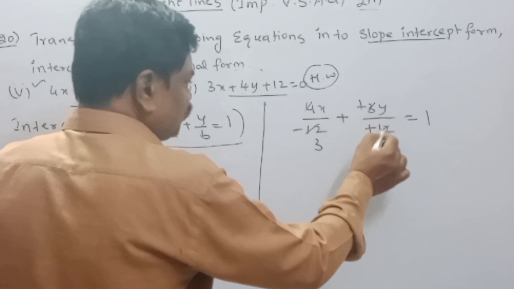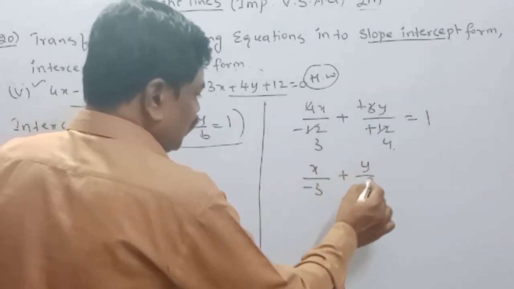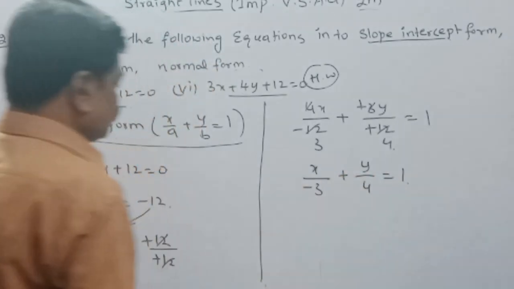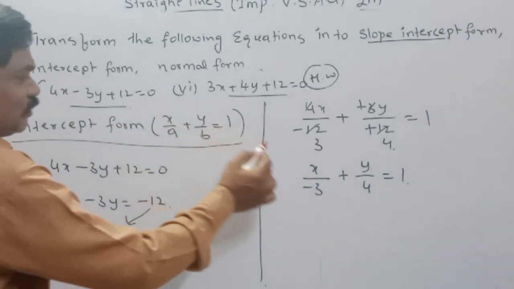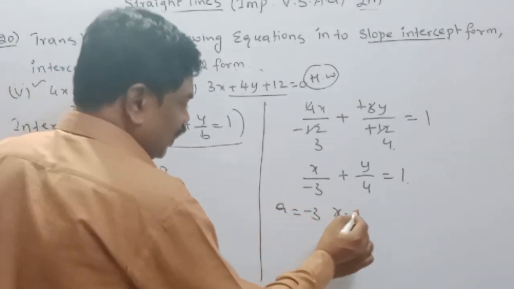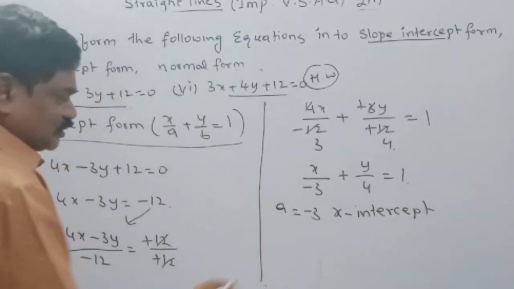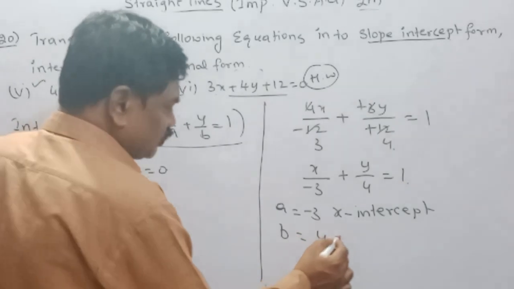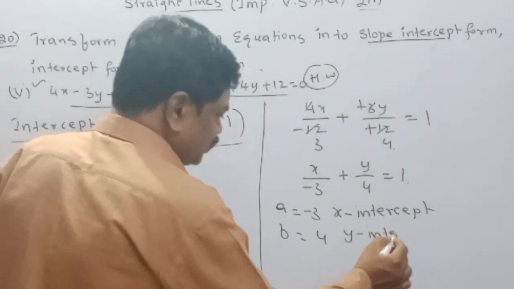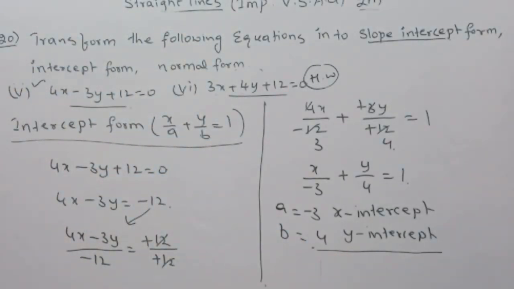So x by minus 3 plus y by 4 is equal to 1. This is x by a plus y by b is equal to 1. So a is equal to minus 3, the x intercept, and b is equal to 4, the y intercept. This is the intercept form of the line equation.